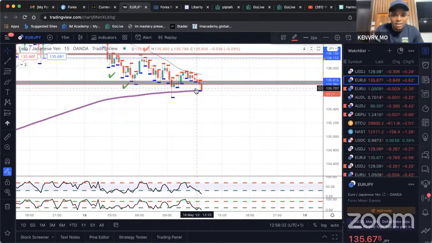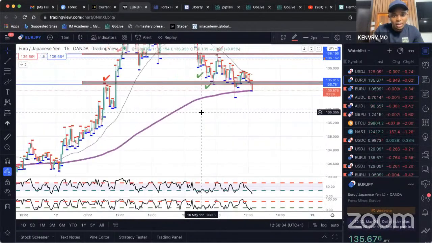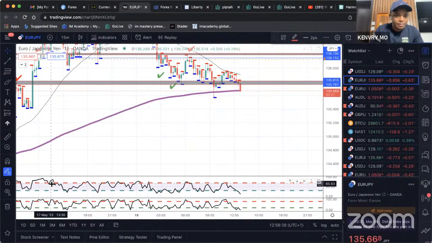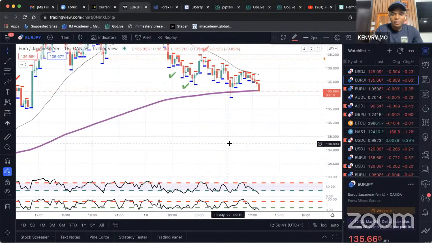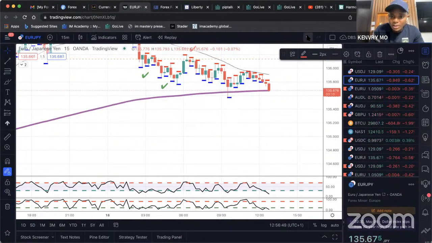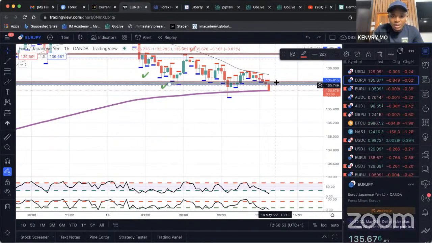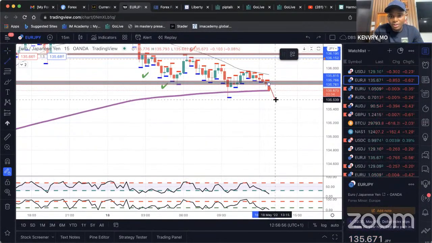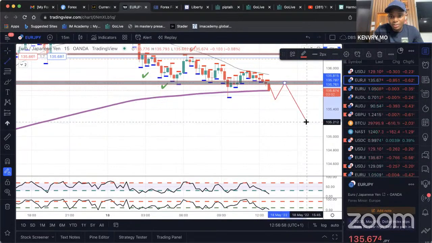It's a break and a retest on this zone. Hold on, guys. If you have any question, you can type it on the chat. See, so this was it. I think that's about it.